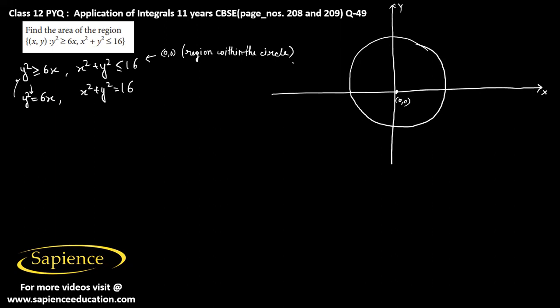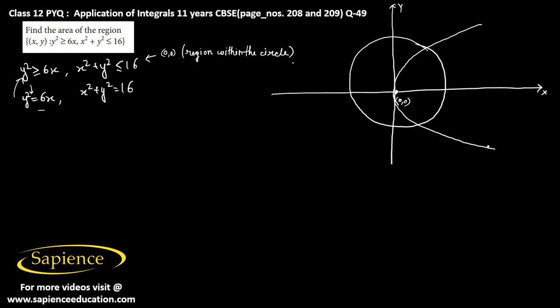And here you can see in this inequality, here also 0, 0 is satisfying, but actually the graph of this parabola will be somewhat like this.